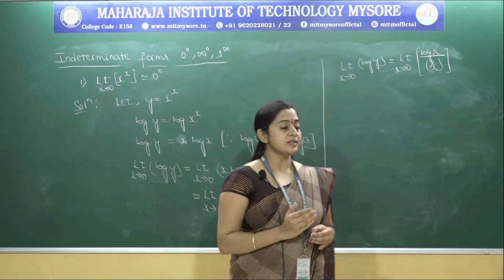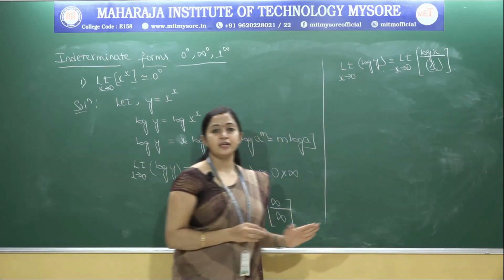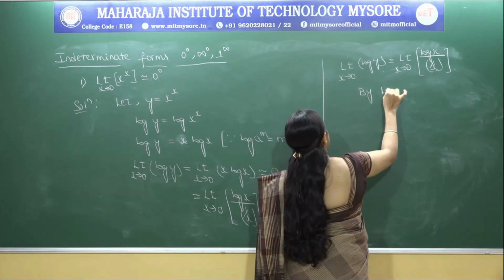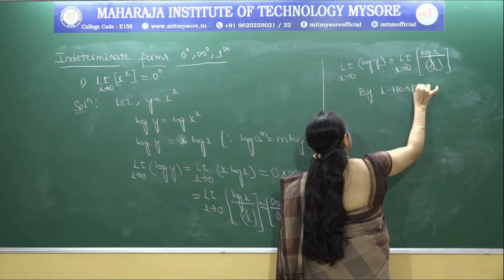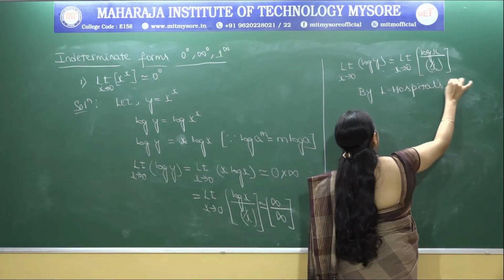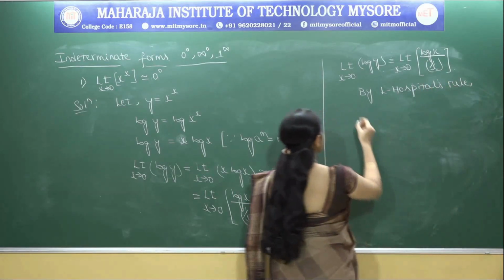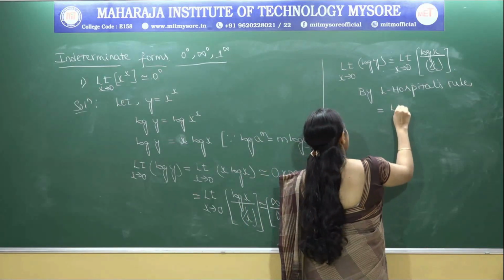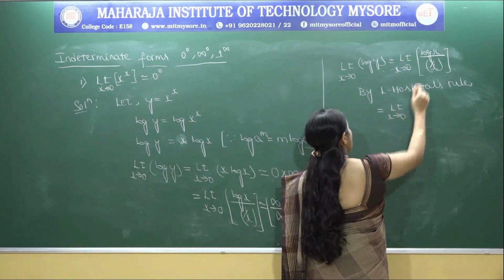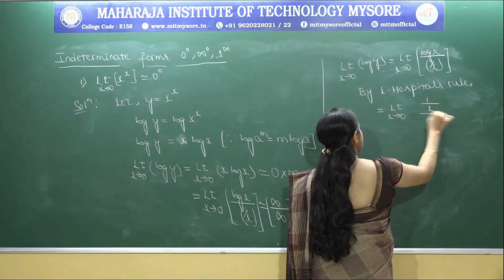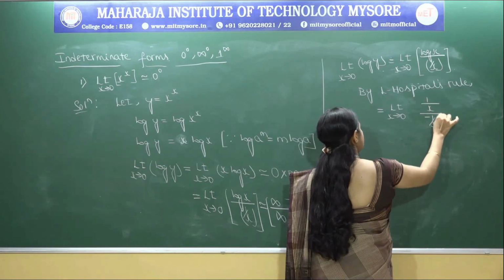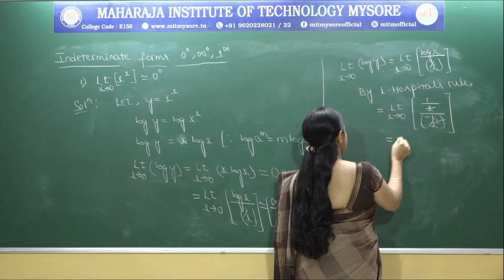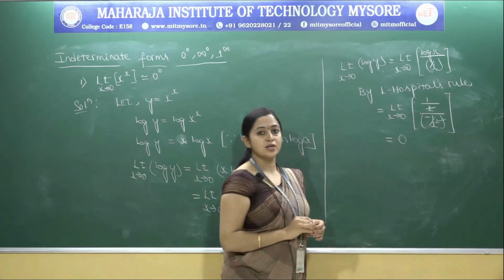Then since it tends to the indeterminate form infinity by infinity, you can apply the L'Hospital rule to the RHS part. Limit of x tends to 0, the log x differentiation is 1 by x, 1 by x differentiation is minus 1 by x square. Cancel this, then apply the limit, you will get the answer as 0.